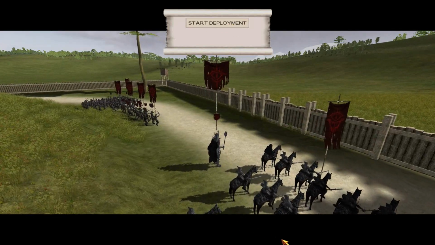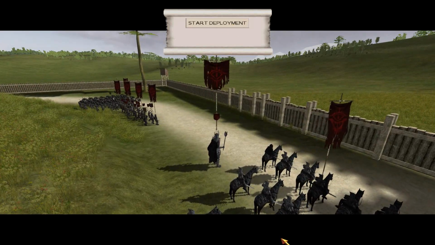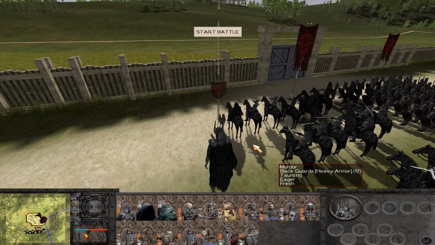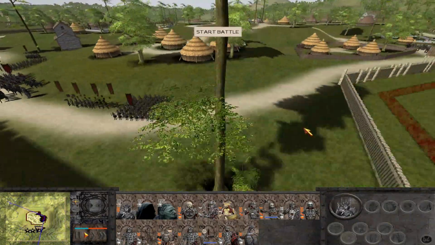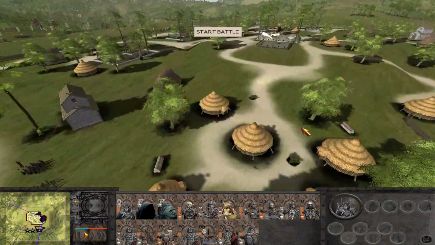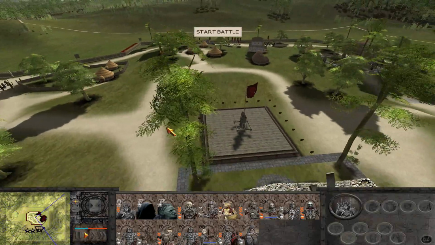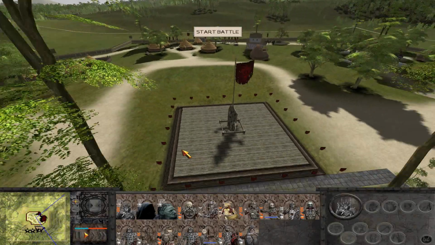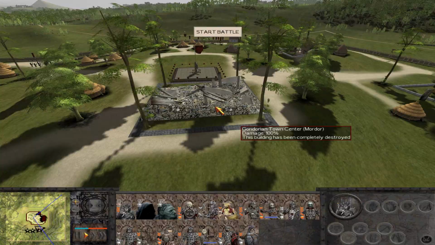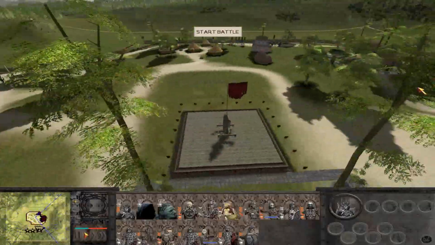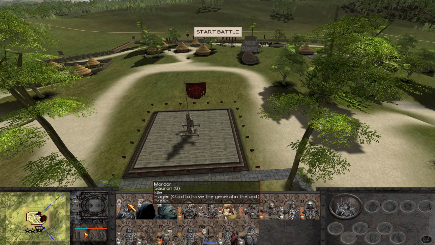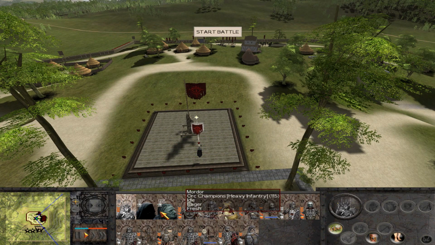Alright. Deployment. I think we'll do it easy for us this time. We destroyed the Gondorian town center. Okay, so we'll place Sauron up here.